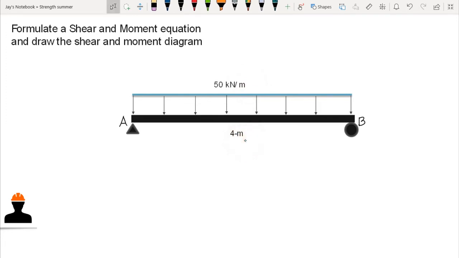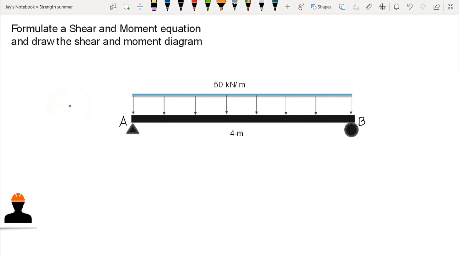Okay, so the first thing we do here is to compute the external reactions. And we know that at the hinge support, we have two reactions: a horizontal reaction and a vertical reaction. But since we do not have horizontal forces on the beam, we could say that our horizontal reaction at A is equal to 0.